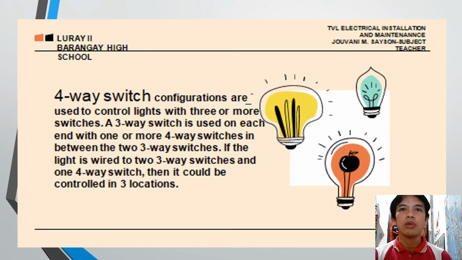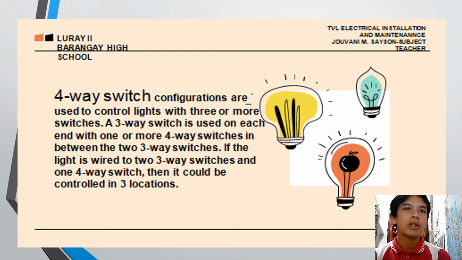A three-way switch is used at each end, with 1 or more four-way switches in between the three-way switches. Meaning, the three-way switches are on the sides, and the four-way is in the middle. The four-way connects the three-way switches, so that you can use all three. Whether you are at the side, in the middle, or at the other side, wherever you switch it off or on, all three switches work.